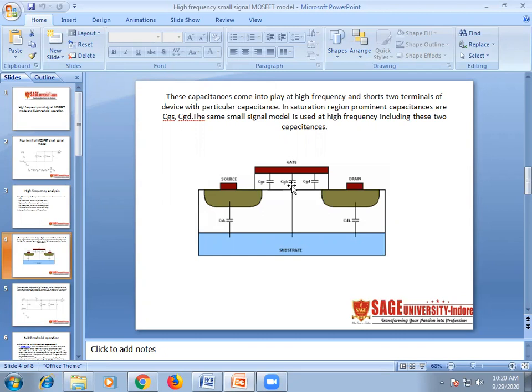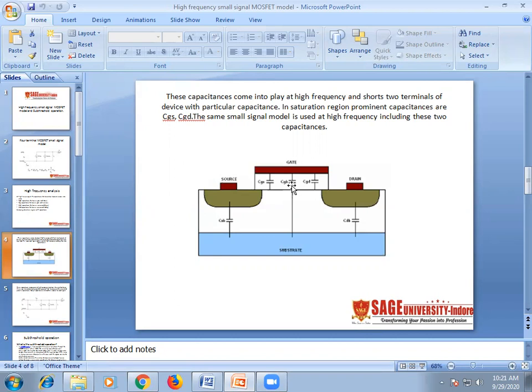So these capacitances come into play at high frequency and connect between the two terminals of the device with the particular capacitance. In the saturation region, the prominent capacitances are CGS and CGD.